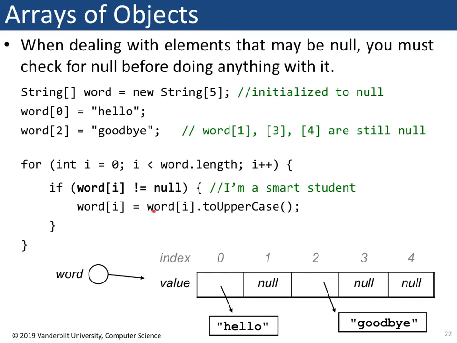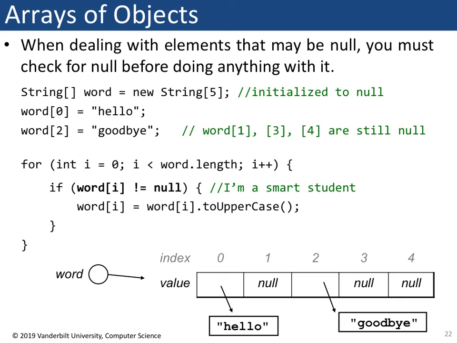So this will create a new string object with the same content, except all of the characters will be uppercase, and then store the reference to this new string object in element 0 and element 2. So it'll have uppercase hello and uppercase goodbye in element 0 and element 2, but it won't attempt to dereference element 1, 3, and 4. And that's good, because if it did attempt to dereference elements 1, 3, and 4, then we would have a runtime error and the program would crash.